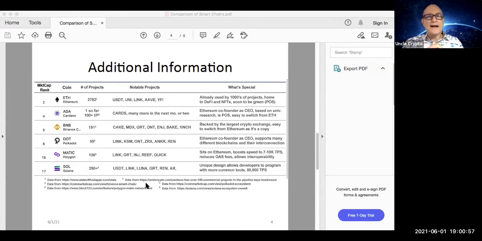Launch pads are very popular because if the projects are well reviewed and checked before they're released, then the odds are that those projects will go up in price dramatically right after they're released on the launch pad.